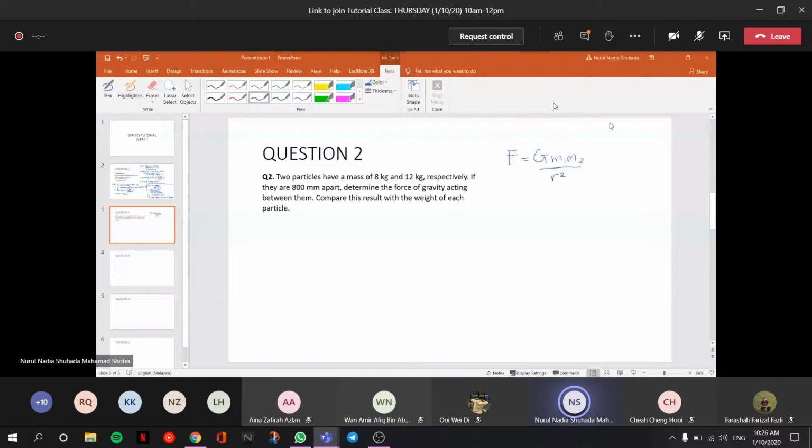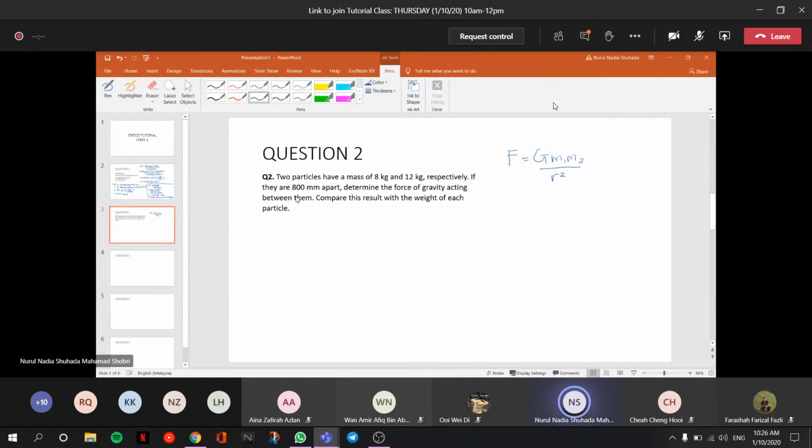Okay, so for question number 2, you can use this formula: F equals G times mass 1, mass 2, divided by distance squared. Mass 1 is 8 kilogram, the second mass is 12 kilogram, and 800 mm apart is the distance between the two masses.